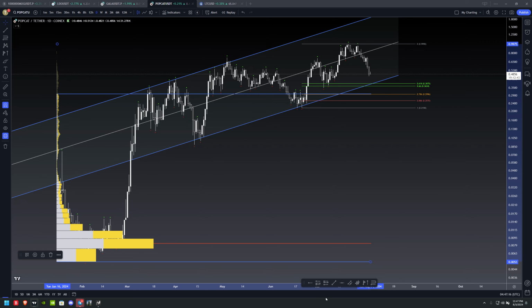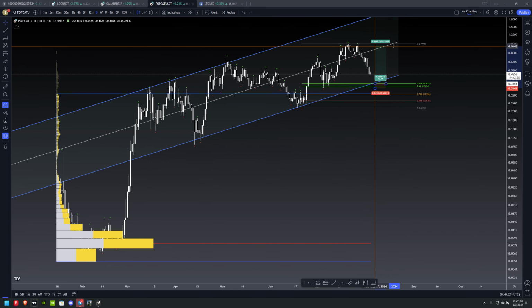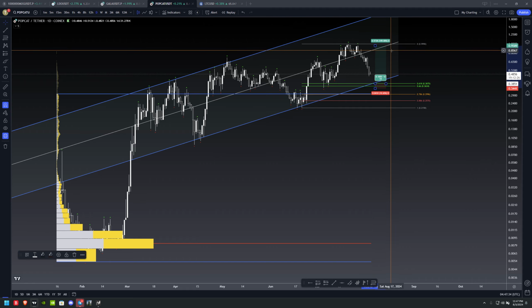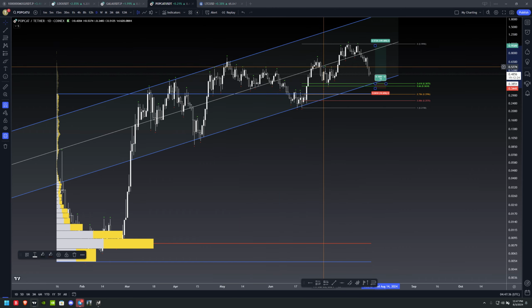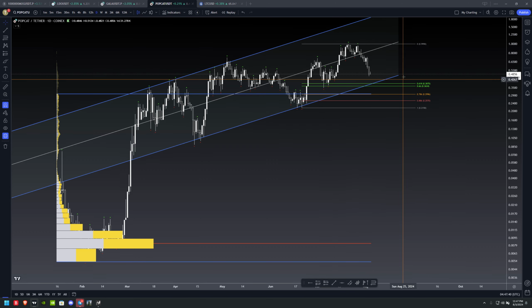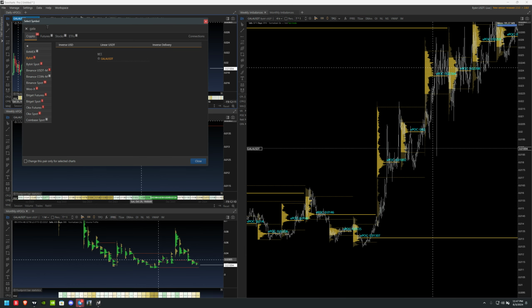We can have two. I think we can have two possible options here for POPCAT. This does indicate weakness that we didn't touch the top of this trend line again. So I think we're going to break through this, and we also have confluence right here. We haven't pulled up POPCAT yet on this.